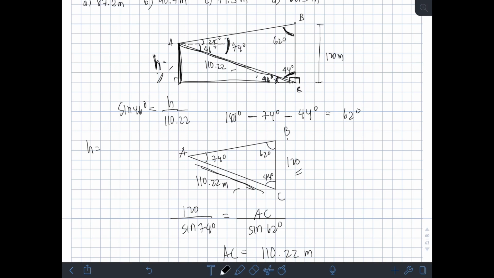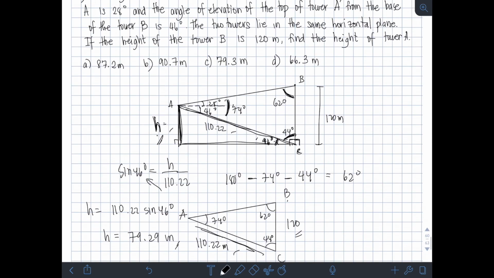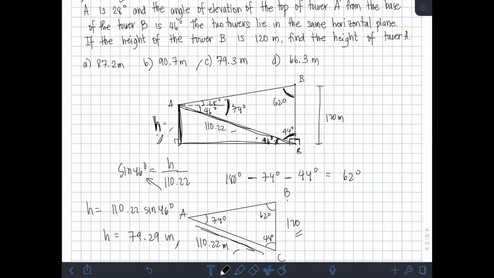So, solving for H is cross multiply 110.22 times sine 46 degree. So, using calculator, H is equal to what? 79.29 meters. So, the answer is letter C.